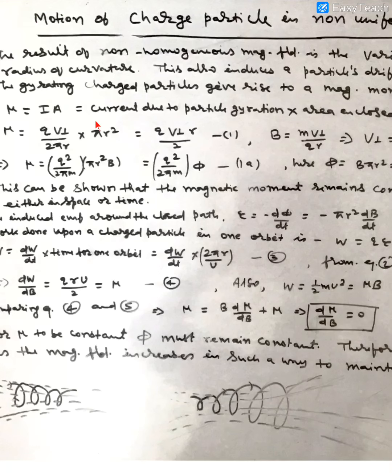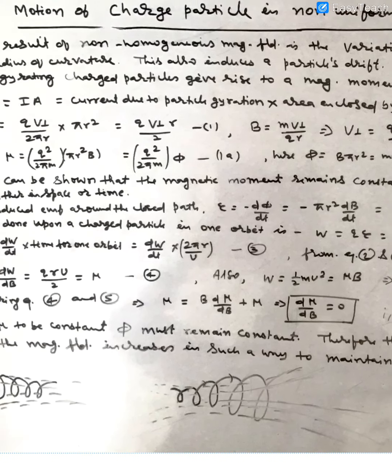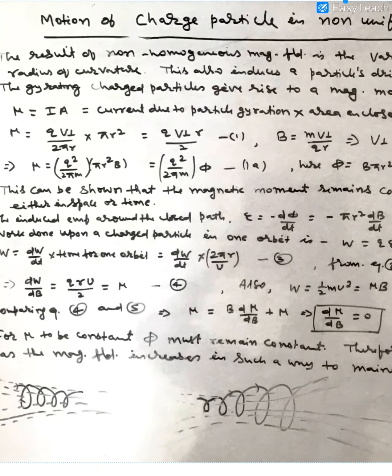Mu is equal to I into A, where I is the current due to particle gyration and A is the area enclosed by the current. Since we know the magnitude of current, that is q B V perpendicular upon 2 pi r.